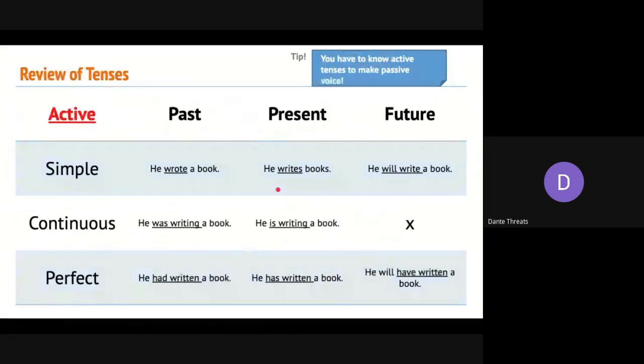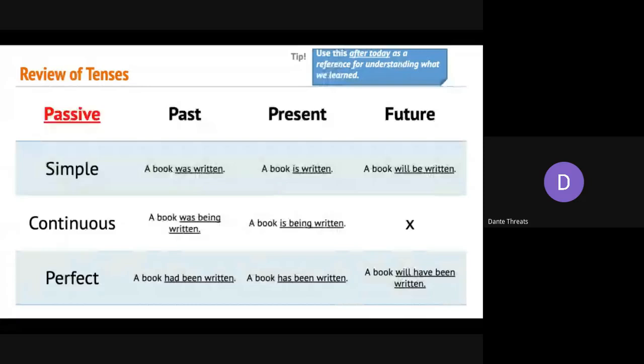Now, here is the passive voice. Okay. So use this after today as a reference for understanding what we learned. All right. We have the passive voice here. Simple. Okay.